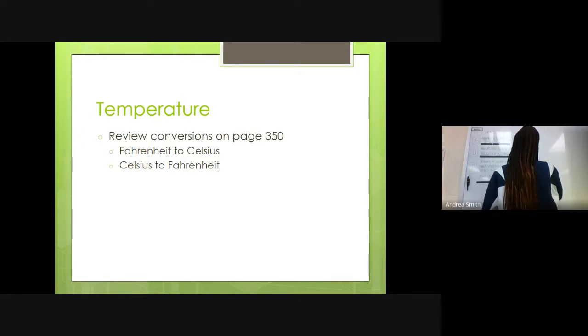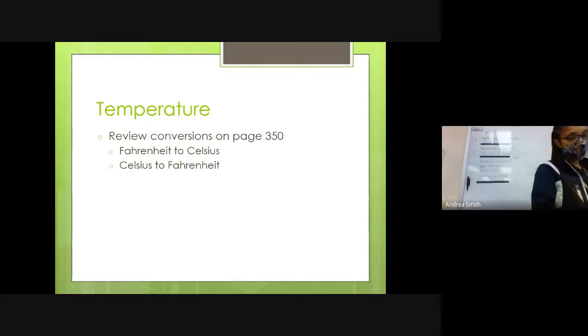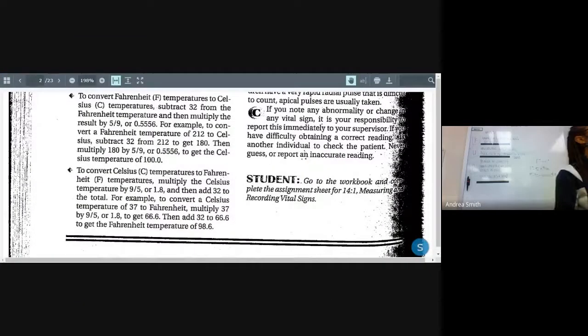With Fahrenheit to Celsius, it's going to be Fahrenheit minus 32 equals that value, times 5/9. Celsius to Fahrenheit is the one at the bottom.